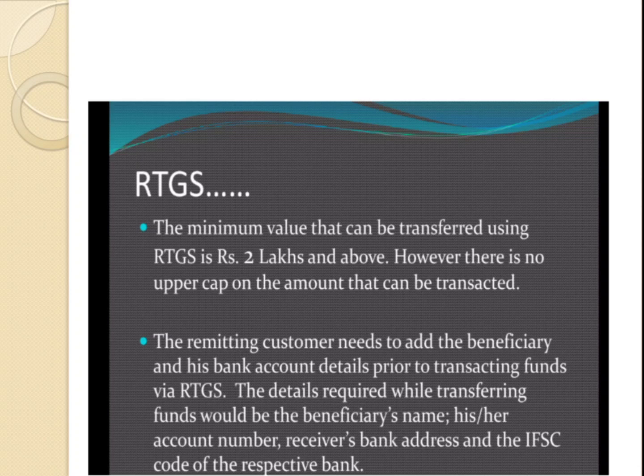In RTGS, we can only transfer above 2 lakhs. There is a limit in RTGS, but we can transfer small amounts in NEFT, which we cannot do in RTGS. This is the major difference between NEFT and RTGS.